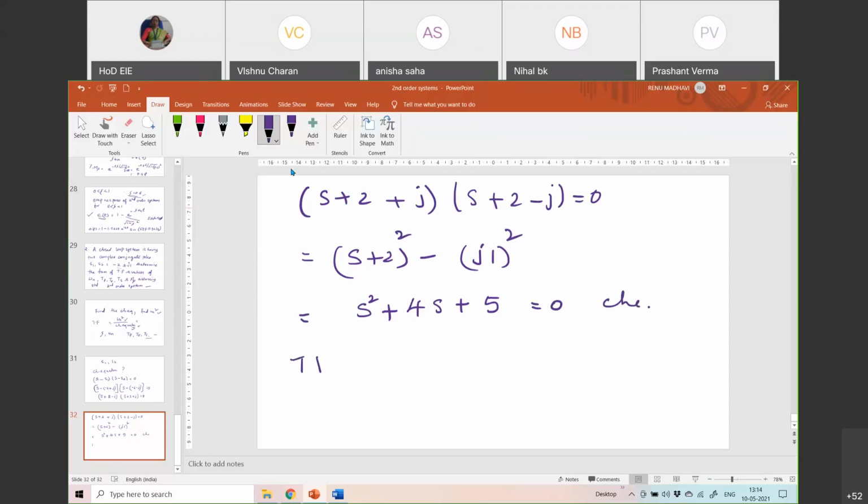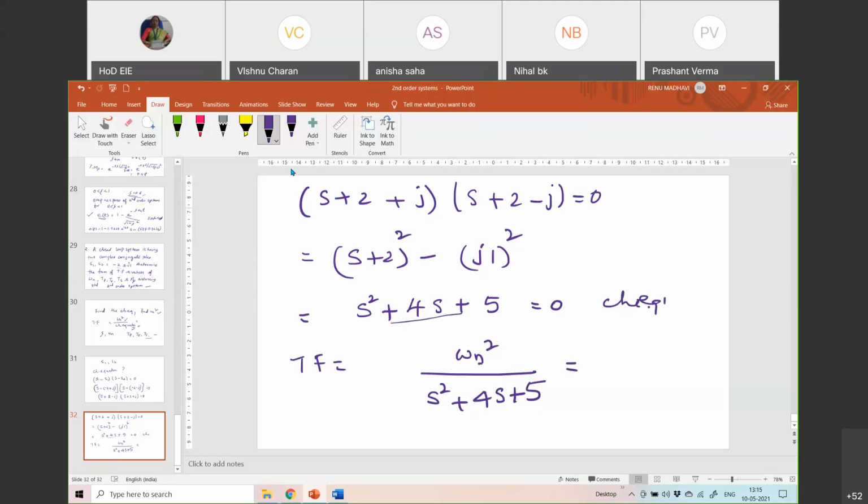Now the transfer function of the system is omega n square by the characteristic equation, correct? What should I write in place of omega n square? From the given roots, you got the characteristic equation.